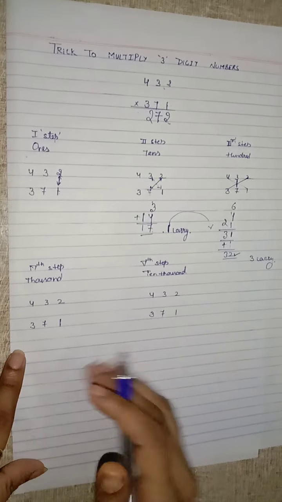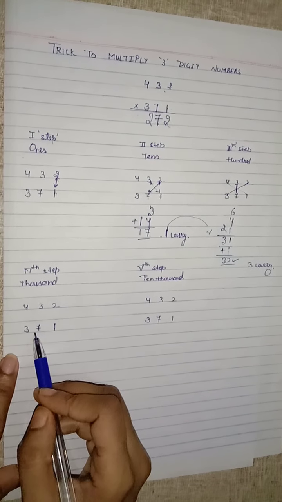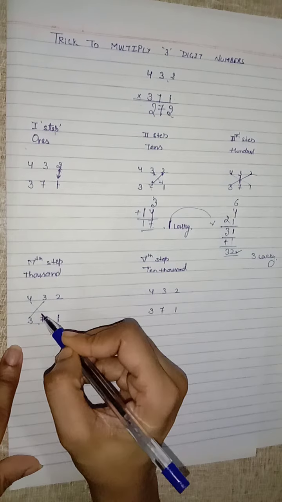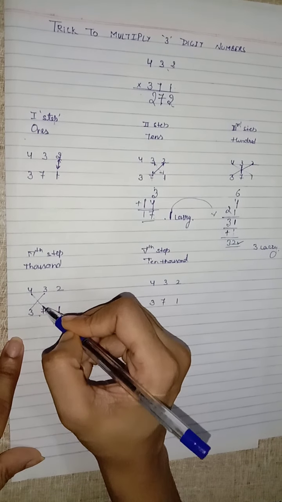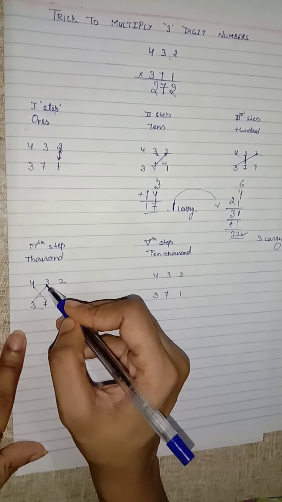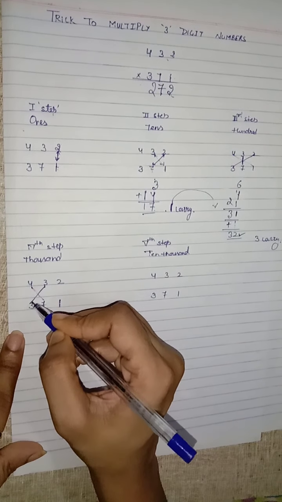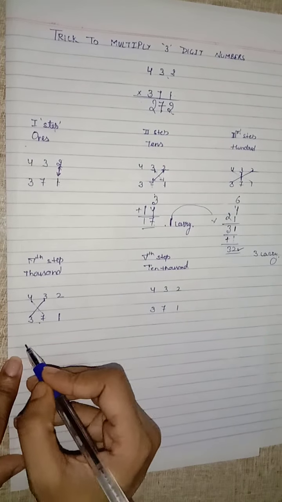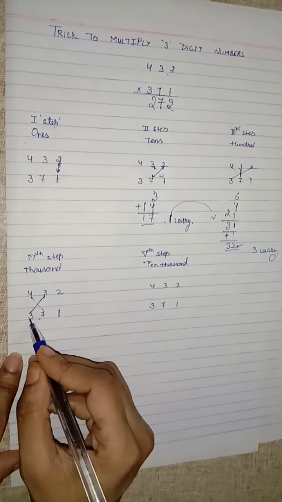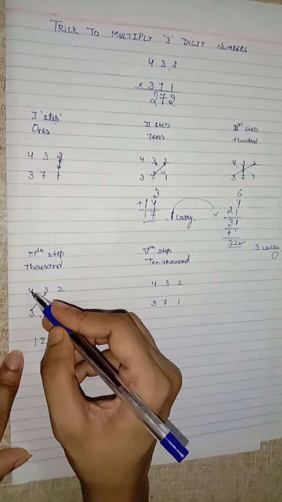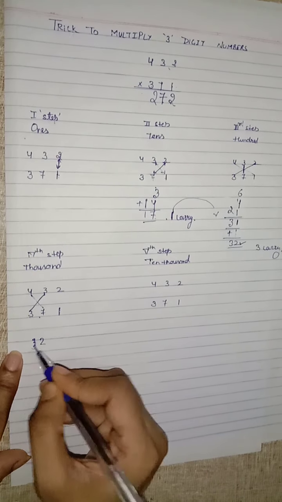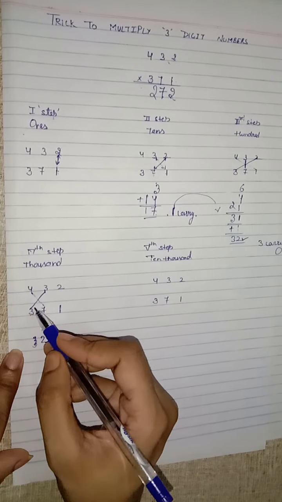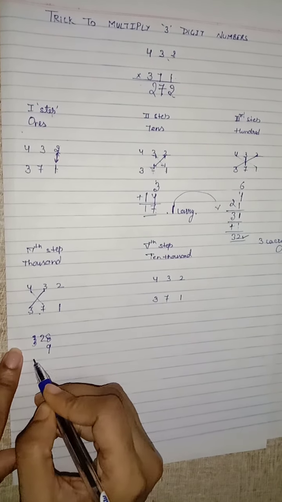Now after that, moving on to the fourth step. In the fourth step we will multiply these two places numbers, means hundreds place number with tens number and tens place number with hundreds place number. We will cross multiply them like that. 4 3s are 12, 4 7s are 28 and 3 3s are 9.